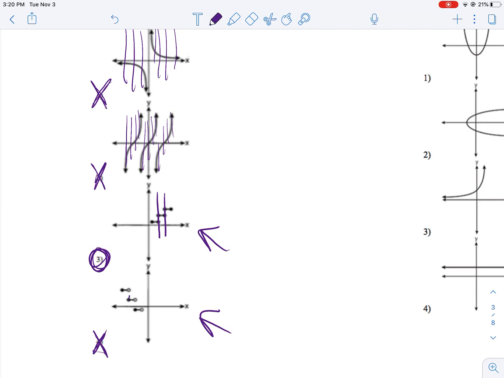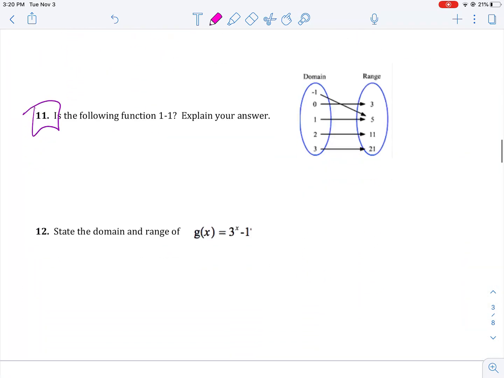So when you draw a line up here, we're just going through that hole there. Okay, so our answer is 3. And just to be a little more clear, I'm just going to circle the right graph. Put it in pink. And there we go. All right, so that's number 9.